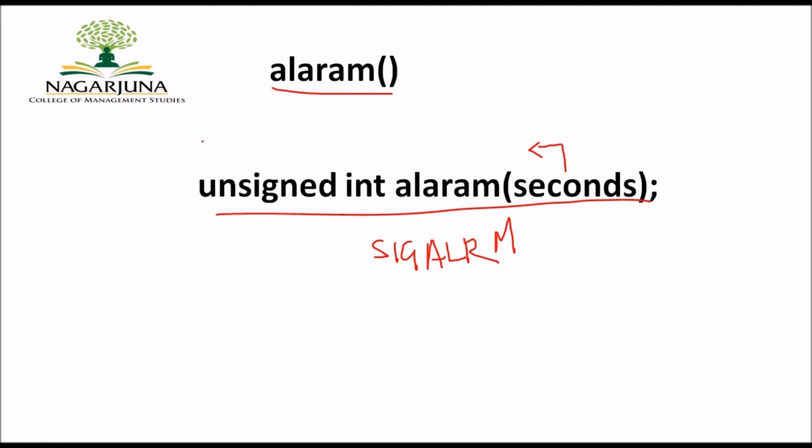The entire information, when the alarm goes off and when the signal is sent to the calling process, is always calculated using these seconds, and this prototype returns the duration of when the alarm goes off and when your SIGALRM is sent to your calling process.